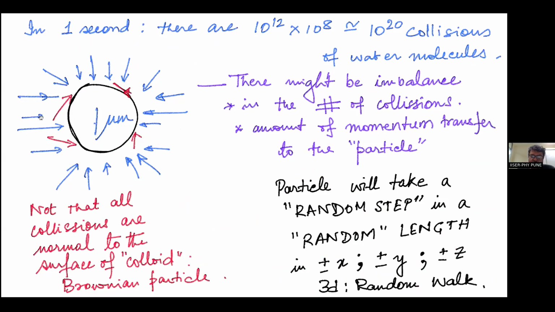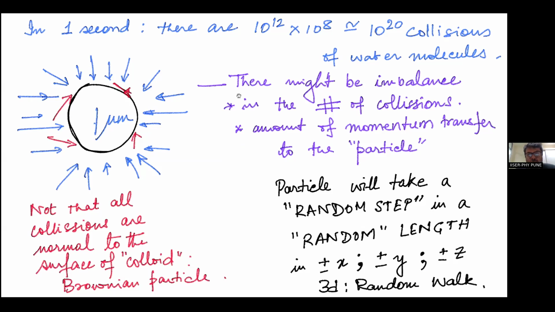So from different directions, this colloidal particle might get a net momentum from the collisions with the fluid particles. Remember, this colloidal particle is, I calculated, 10 to the power 12 times heavier than the fluid particle. But the fluid particles are moving at very high speed, so small mass times high speed is a reasonable amount of momentum.